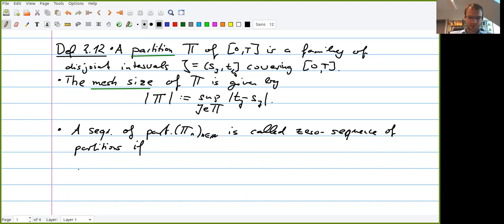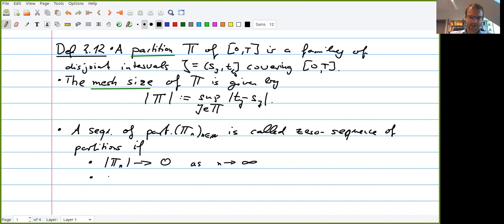So what we want is actually some properties to make our life easier. So first thing, obviously, if we want to talk about a zero sequence, we want that something goes to 0, and this means we want that the mesh size goes to 0 if n goes to infinity.